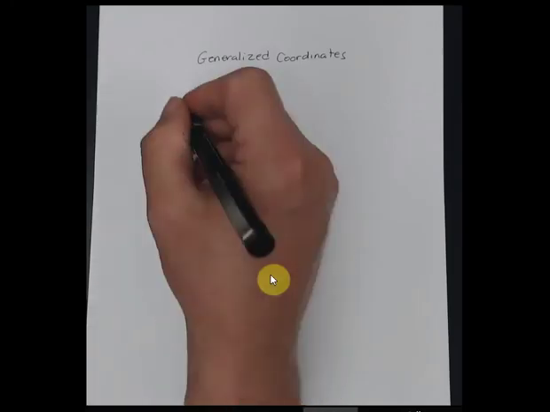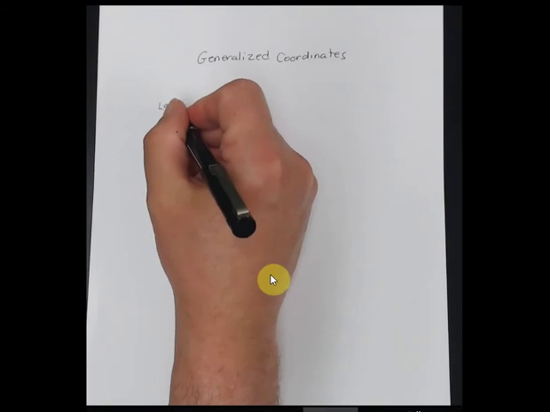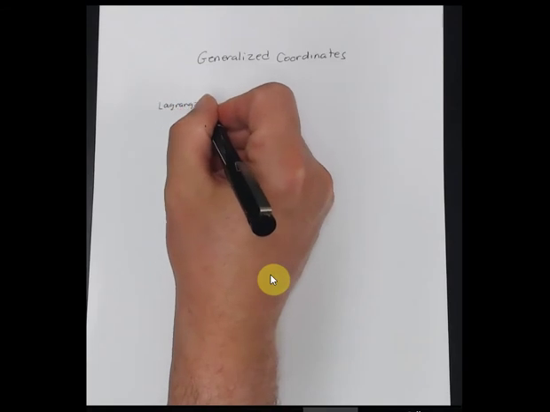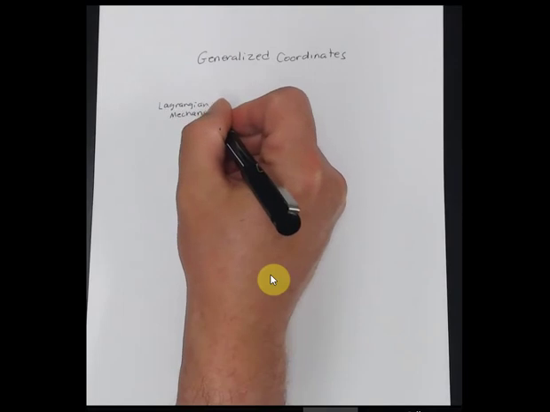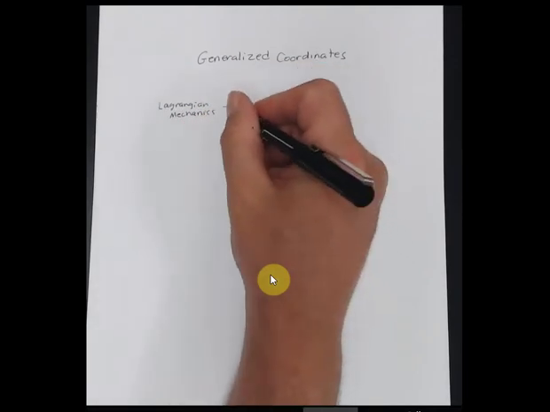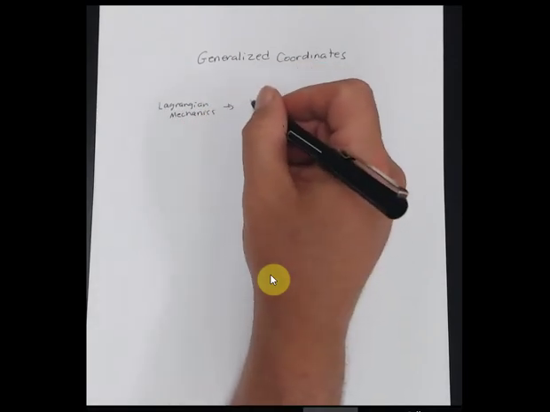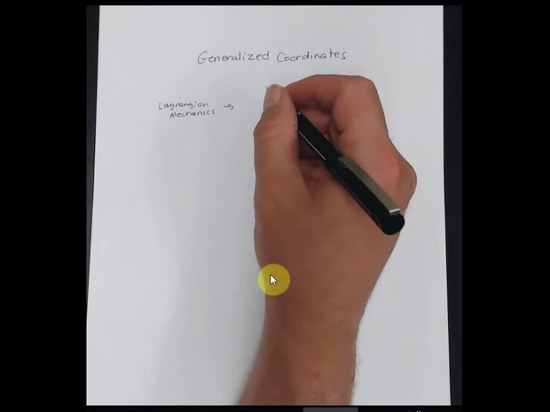Okay, so in Lagrangian mechanics, the coordinate systems we use don't have to be orthogonal. They don't have to be the orthogonal Cartesian coordinates.